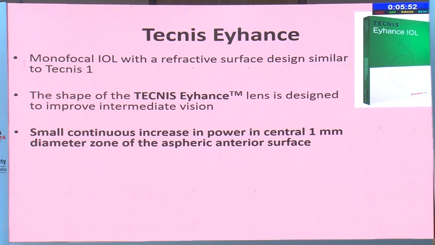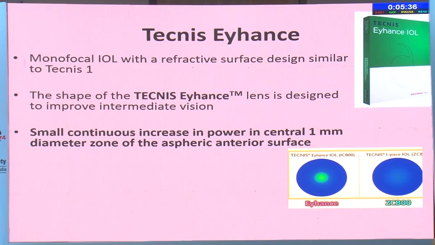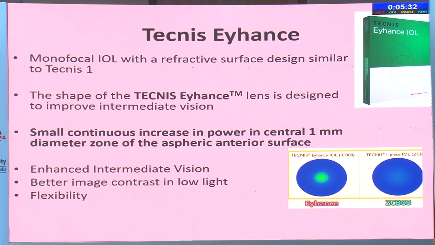So what is the Tecnis Eyhance lens? This is basically using the same platform as the Tecnis 1 single piece lens, and you cannot make out any difference. How does it work? There is a small continuous increase in power in the central 1 millimeter diameter zone of the aspheric anterior surface, which gives around 0.5 diopter of change in power, and which enables an enhanced intermediate vision with better image contrast as opposed to trifocal or EDOF lenses, and it is flexible also.